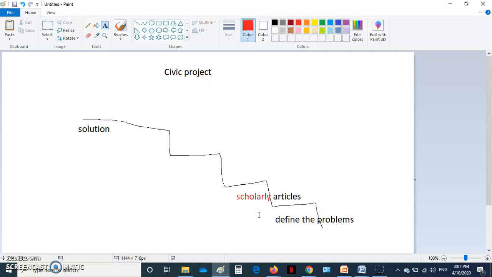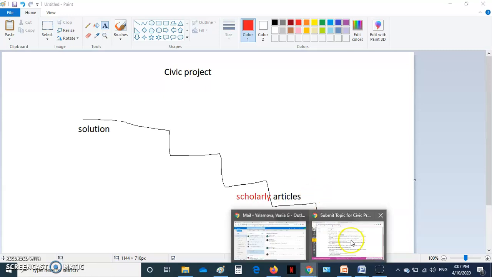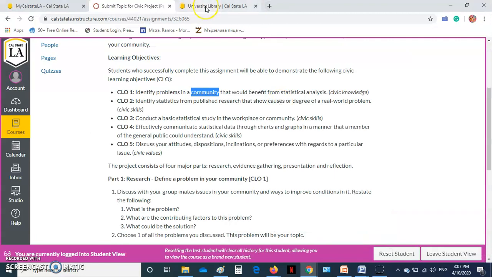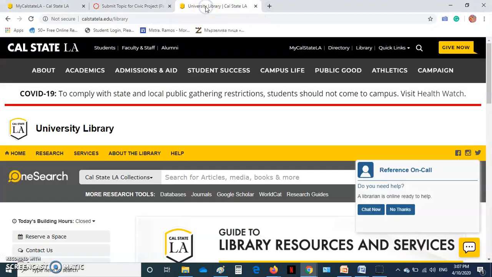You will find scholarly articles by going to Google Scholar, and in case you forgot, you have to go to the university library website and click on Google Scholar.